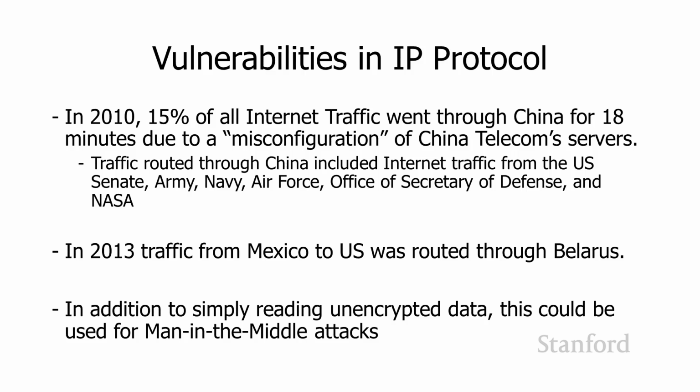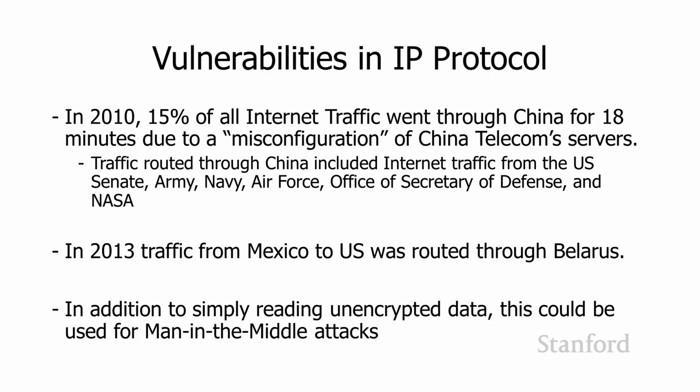In a different incident, in 2013, internet traffic from Mexico to the US was routed through Belarus for similar reasons. And there's really no reason why traffic will go through Belarus if it was starting in Mexico and intended for the US. So what could this be used for?